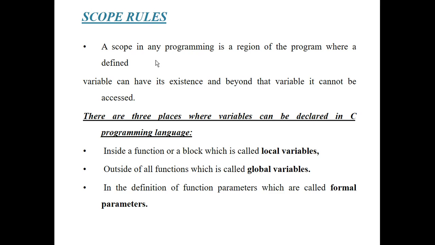If you want to understand scope rules, there are different types of scope rules in the C programming language. First of all, there are three places where variables can be declared in C programming language. First one is local variables, next one is global variables, and next one is formal parameters.